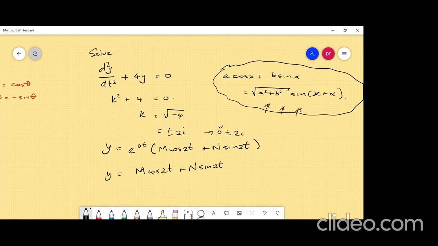All right, so it exists. You can combine two trig equations into one, where the square root of a squared plus b squared, from the Pythagoras theorem, is going to give us the amplitude, and then sine of x plus alpha. Well, for us in electrical engineering, the alpha is going to be the phase shift.